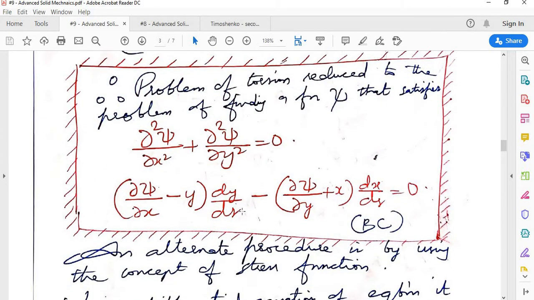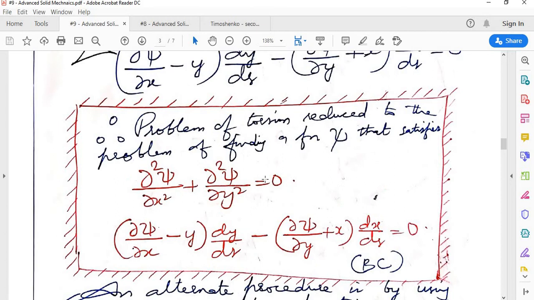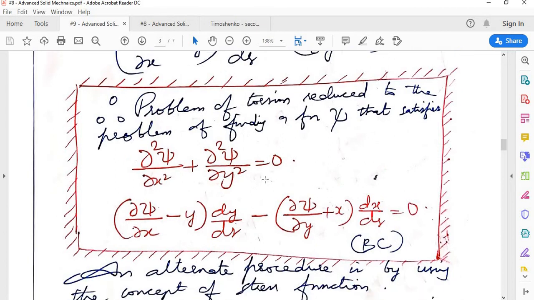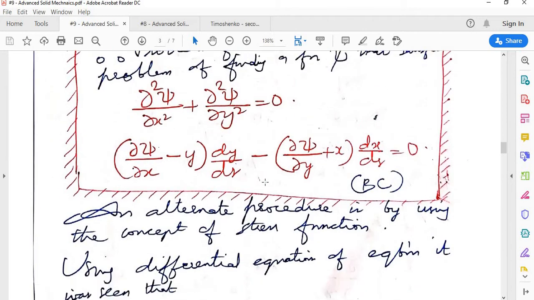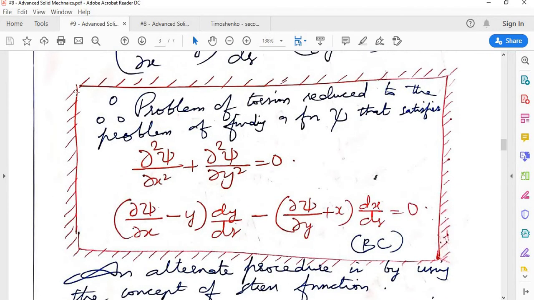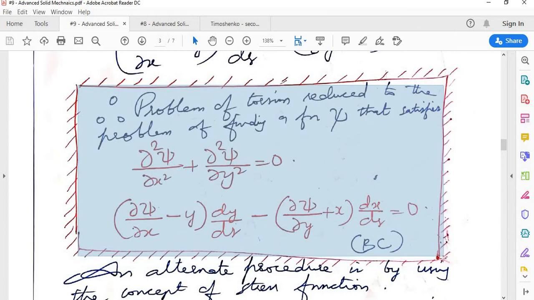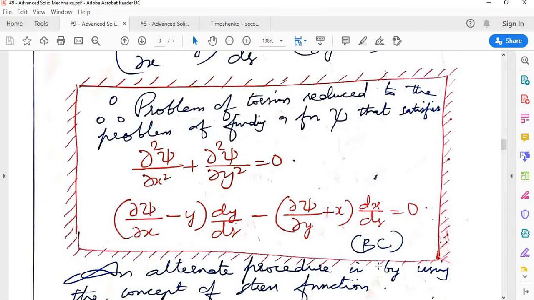Now let us try an alternate procedure. There is also an alternate procedure using the classical approach of the stress function. Remember we had dealt with stress function earlier. So let us try to arrive at these equations in terms of the stress function.